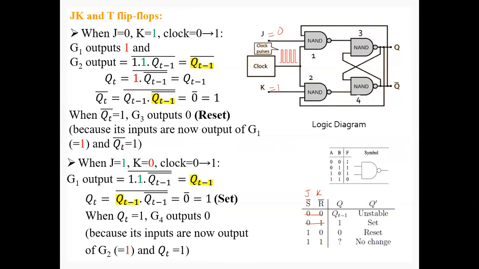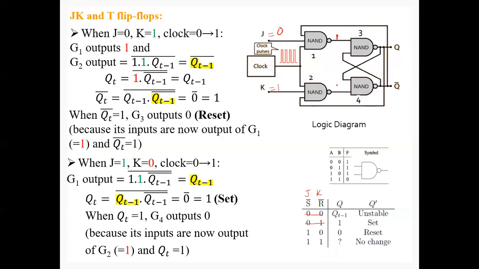Okay. So now let's do this. What is the output of this guy? Should I write 0 or 1? 1. So when one of the inputs of a NAND gate is 0, the output is 1. So how about here? What is this guy?